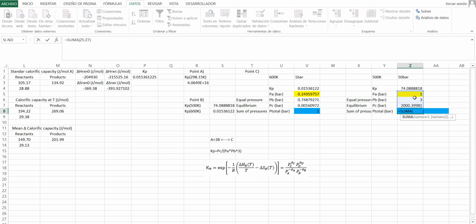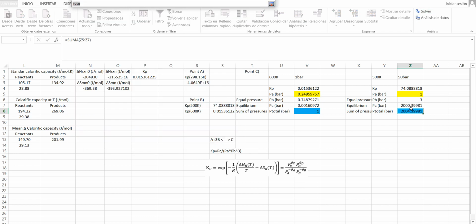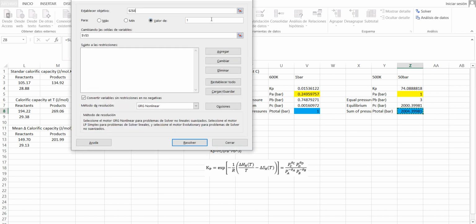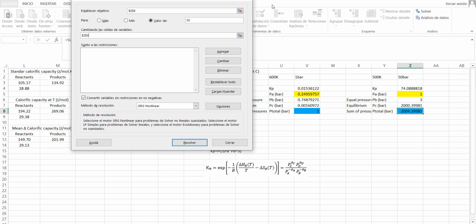So we're going to do exactly the same procedure. We go to solver. We are going to select our objective, which is the total pressure. We're going to give a value of 50 bar as the problem specifies, and the cell that we are going to change is the partial pressure of toluene. And we solve the equation.